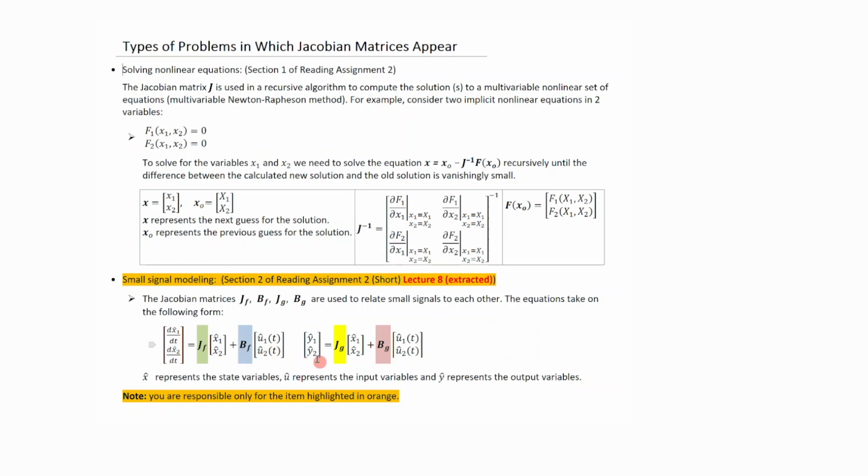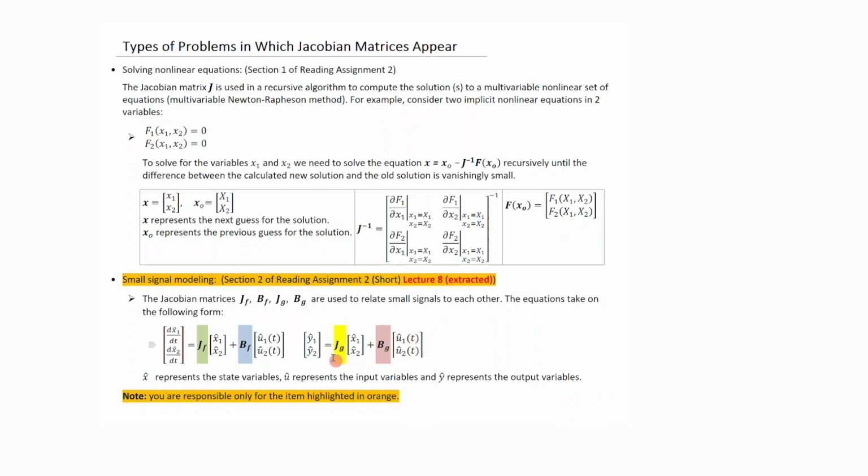We also would have an output equation. This output would be in terms of y1 and y2. Again, these are small signals, and these would be related to the state variables x and the input variables u1 and u2.